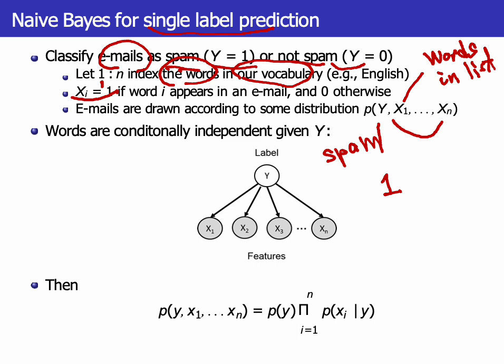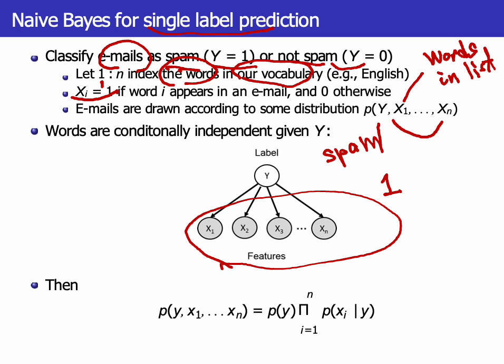And these words are conditionally independent given y. So you have a feature word vector, and you have a connection from y to x1 through xm.